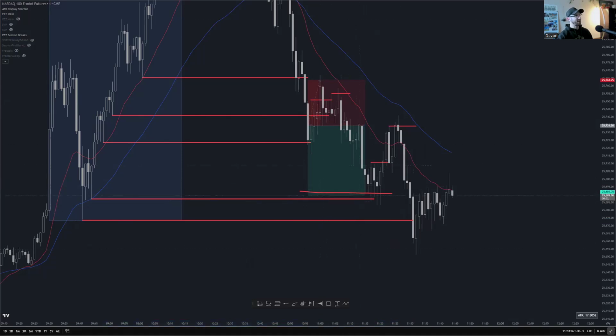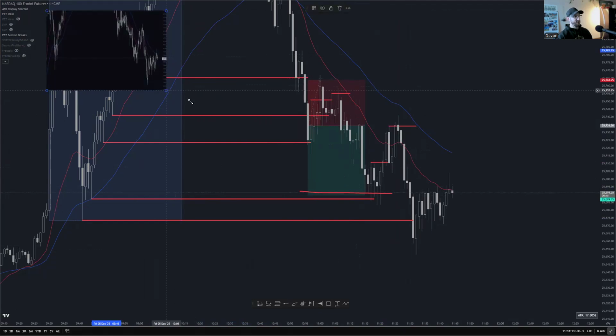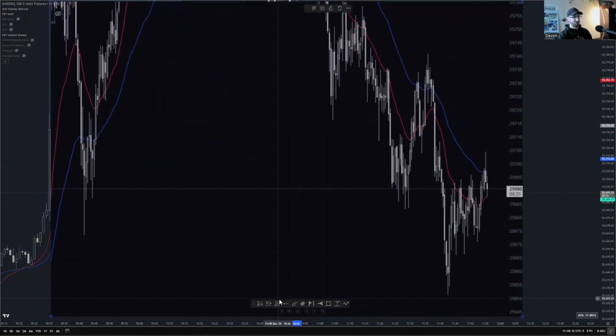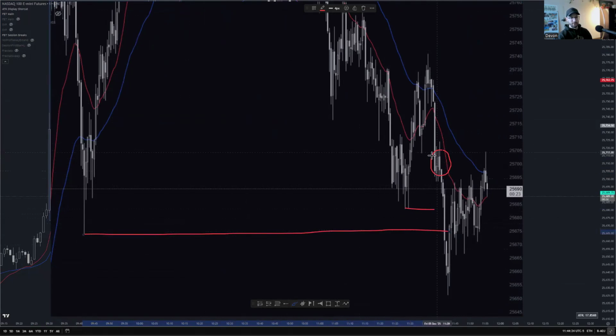Let's see if I can find it. Here's the trade. I guess I could have just shared my other screen. But here, price pushes up, pulls over. Here's your engulfing. You target this level. You get to target this one here. So now engulfing, stop loss, TP. Now you're almost at a 2-to-1.